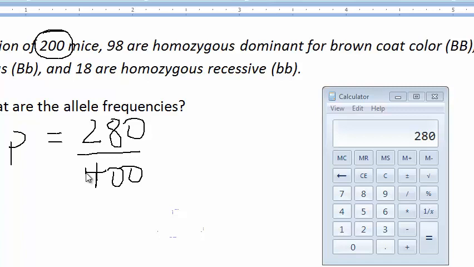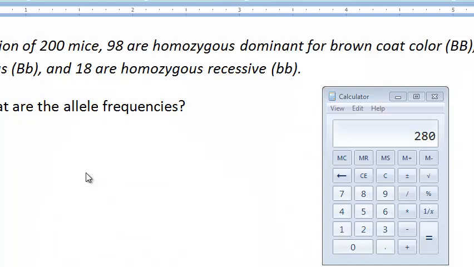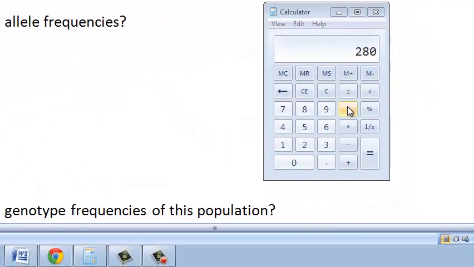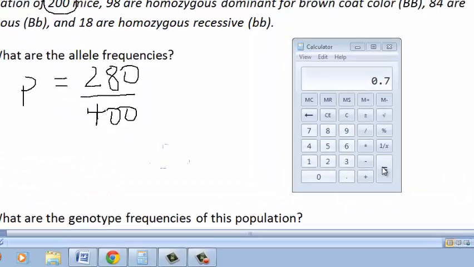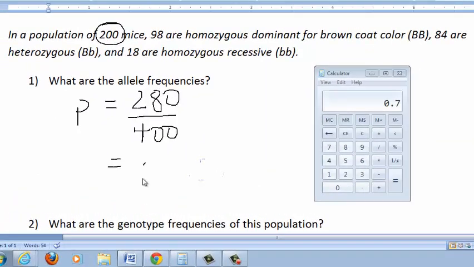So we're going to take 280 divided by 400. And our total is 0.7. So our p-value must equal 0.7. All right, so got the little p figured out.